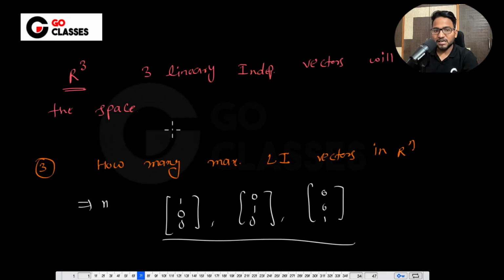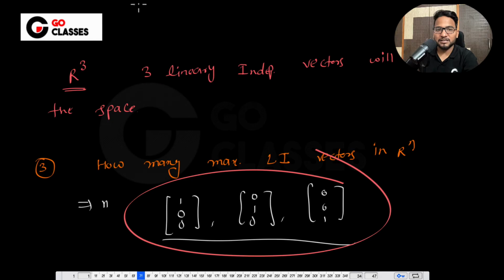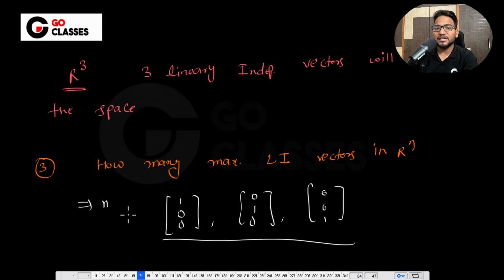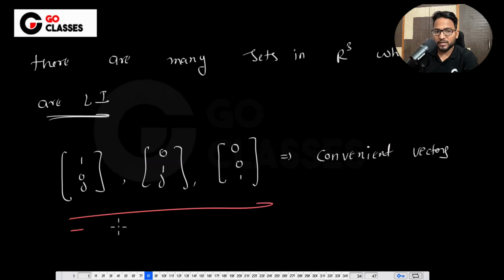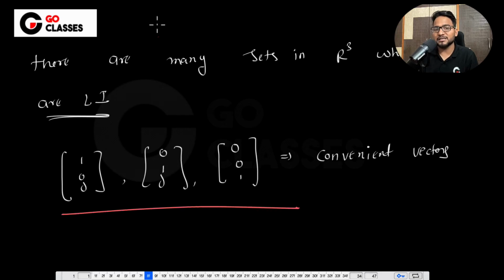Then we said that these three vectors can fill R3, and these three vectors are just convenient vectors to us, which means there is nothing special about them for our purpose, only that they are convenient in the sense that I do not need to do too much calculation.